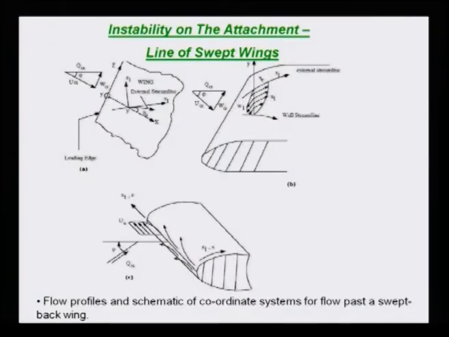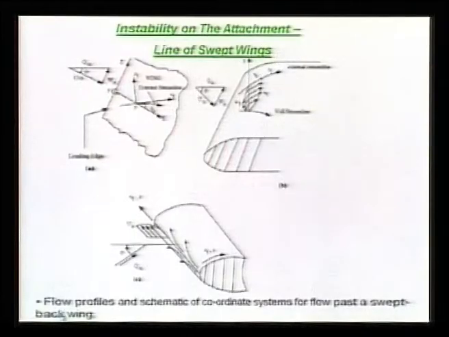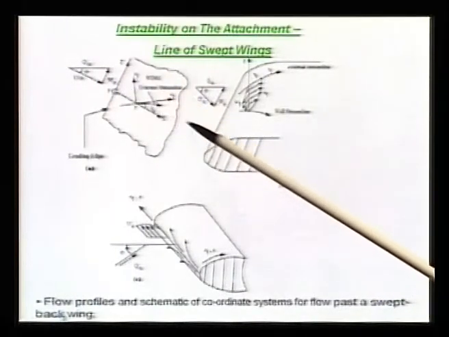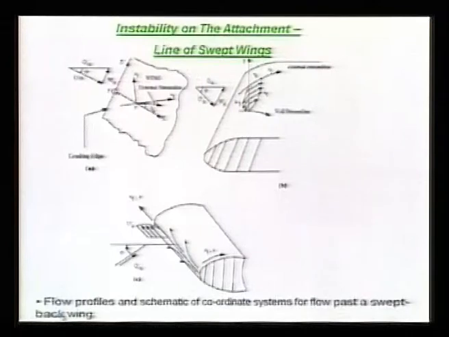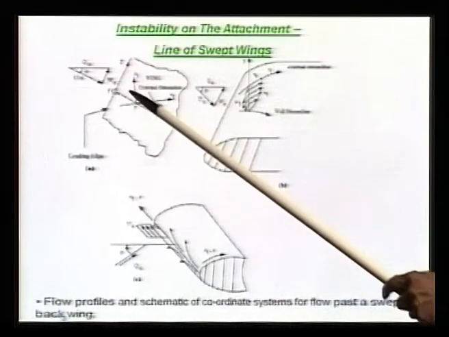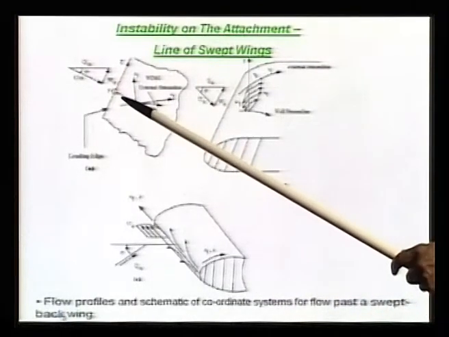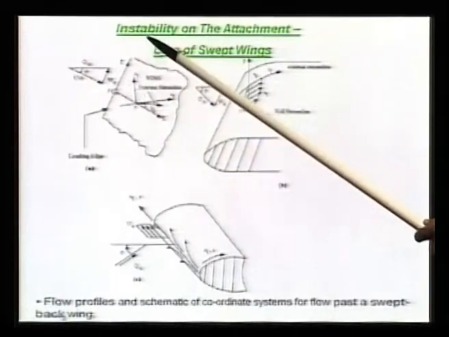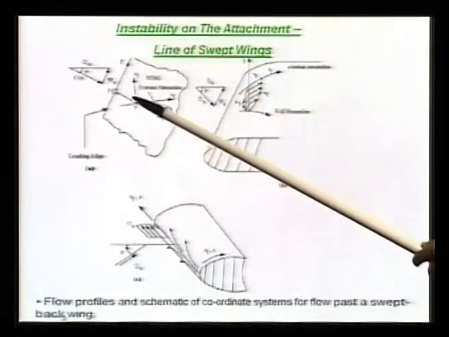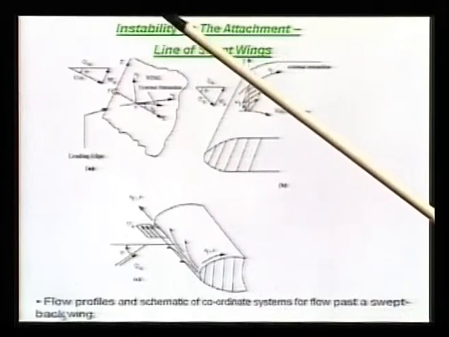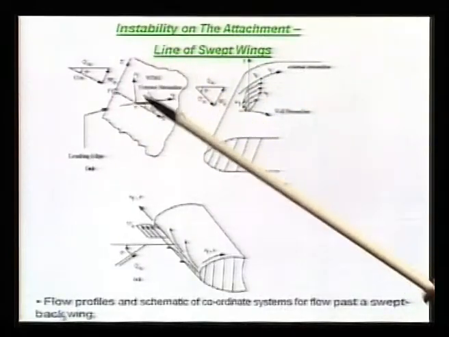So, these two lines are not the same. Okay. In addition, we have a wing fixed coordinate system. This capital X is normal to the leading edge and capital Z is along the leading edge. So, that is that, and Y is perpendicular. That is your wing fixed coordinate system.